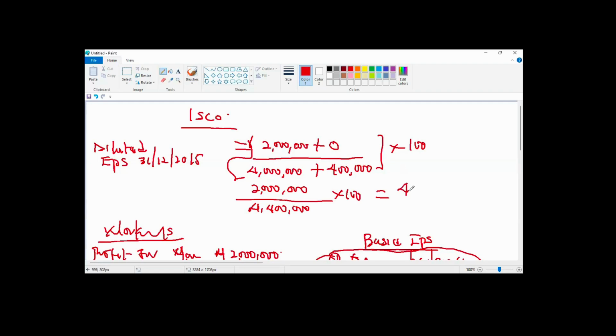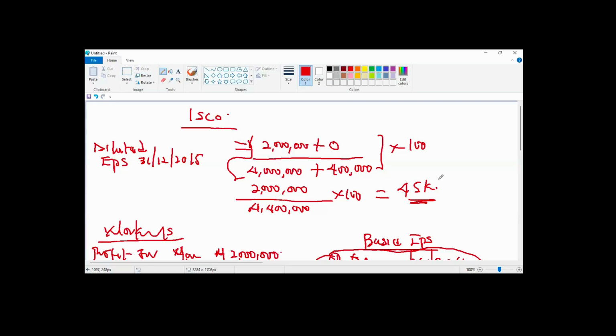So basic is 50 kobo. Diluted is 45 kobo. Any issue? That is what you need to know about options.